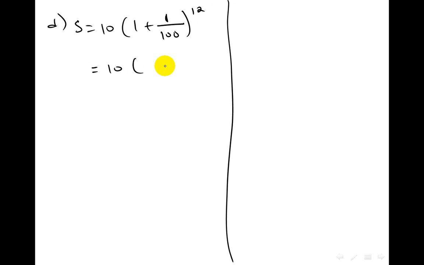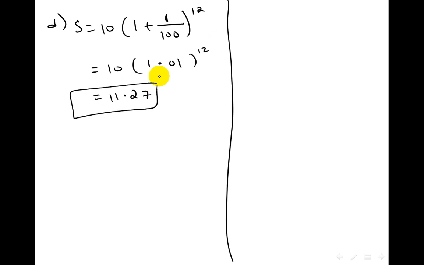Okay, let me do this. Once I multiplied, I found 11.268 almost. Let's say 11.27. So this is monthly. Let's see what will happen weekly.